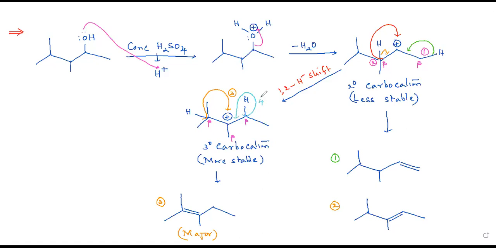So let this be possibility number 4. You need to be very careful. What do we get? This. Yes, a double bond over here. That's it. So this is our possibility number 4.